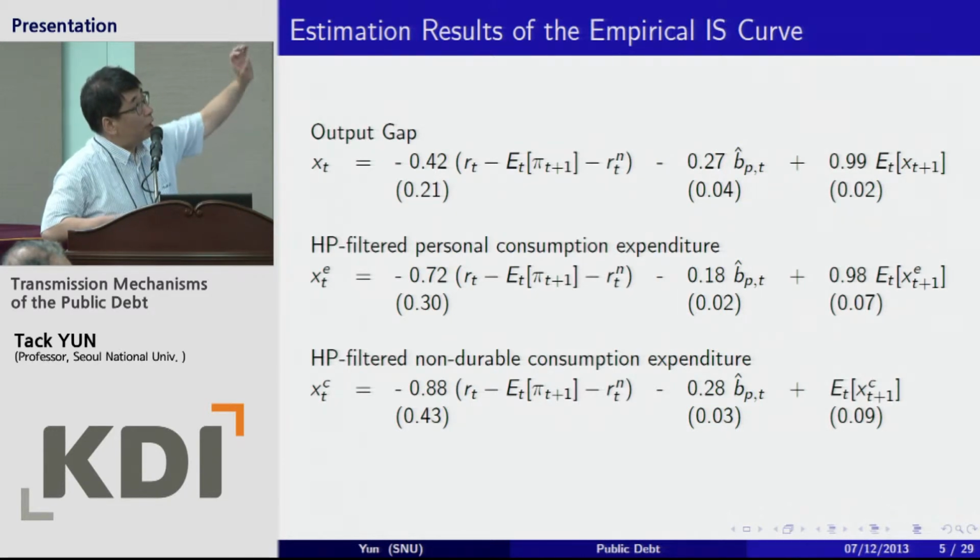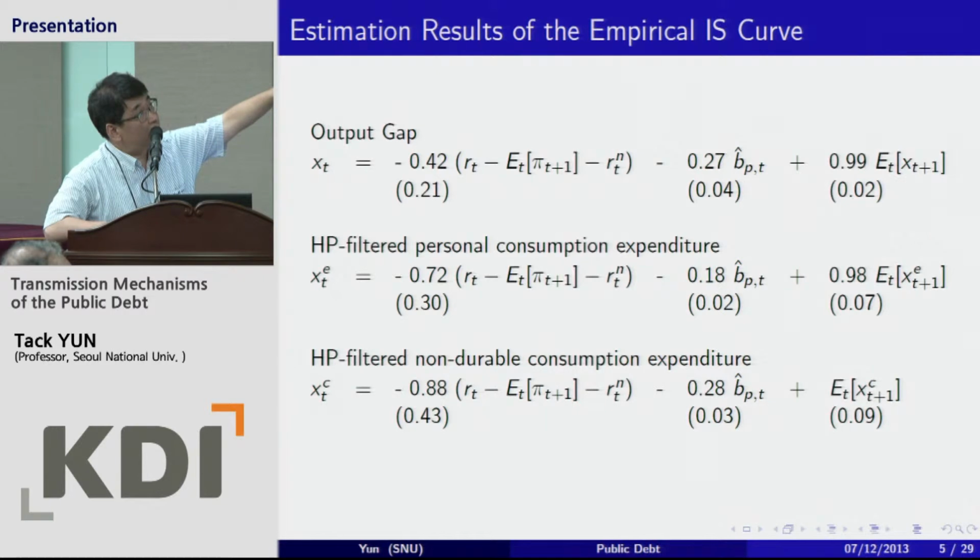I use different measures of the output gap. In the first case, I used the real GDP, and as you look at in the first line, the coefficient of BT hat is minus 0.27. If I use the personal consumption expenditure, the sign is the same.